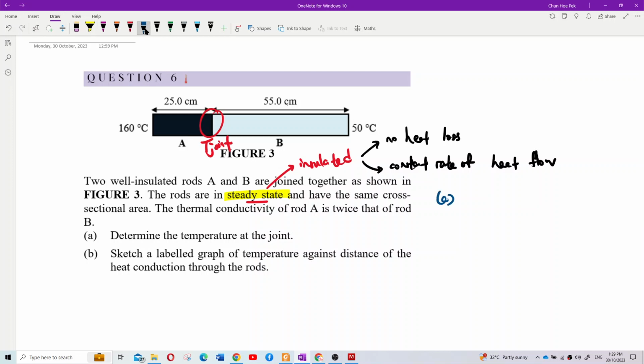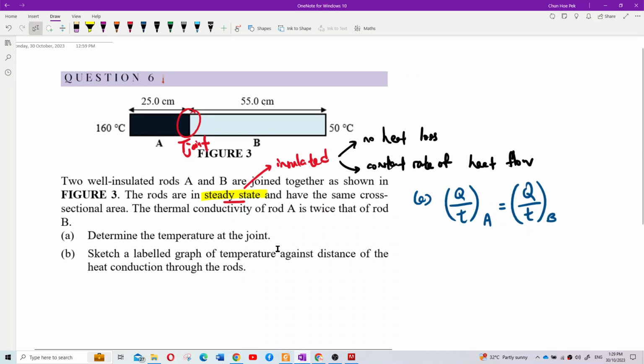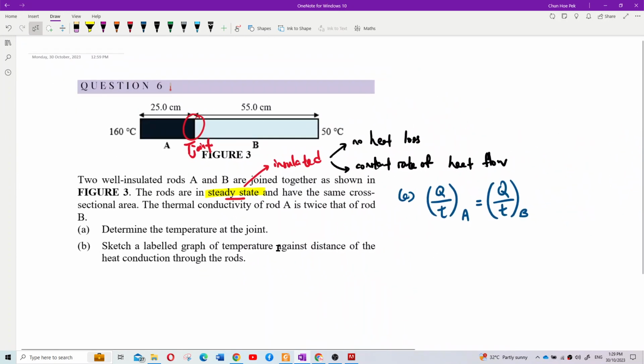You can say the rate of heat flow at A equals the rate of heat flow at B. That means the heat flow is the same, because it is insulated. Negative K of rod A, area, delta T over L.